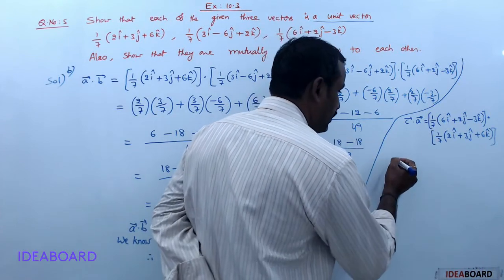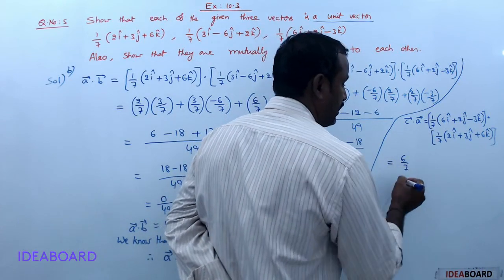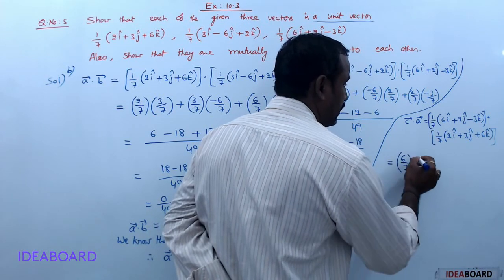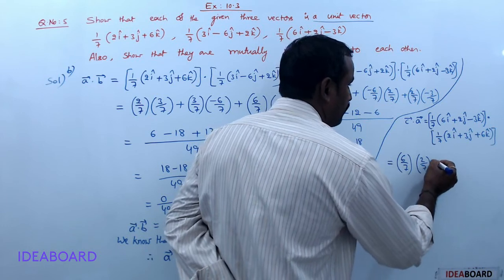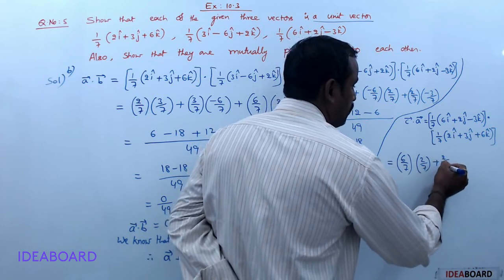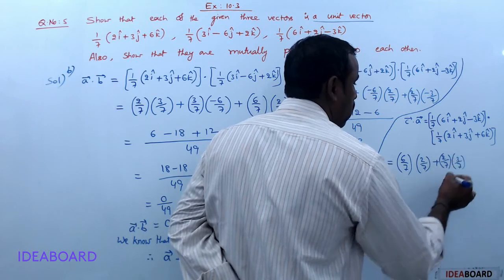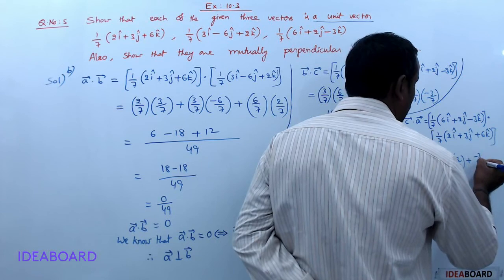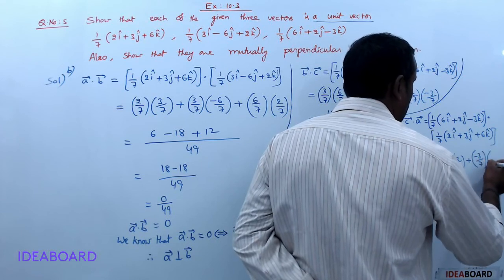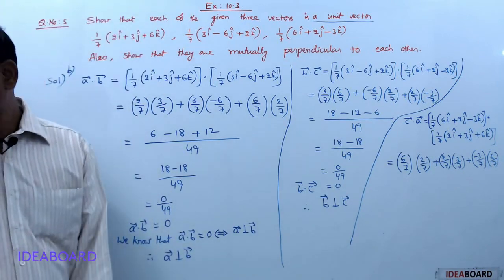You can see the i coefficient, 6 by 7 in the first vector and 2 by 7 in the second vector. Both you can multiply, plus 2 by 7 times 3 by 7, plus minus 3 by 7 times 6 by 7.